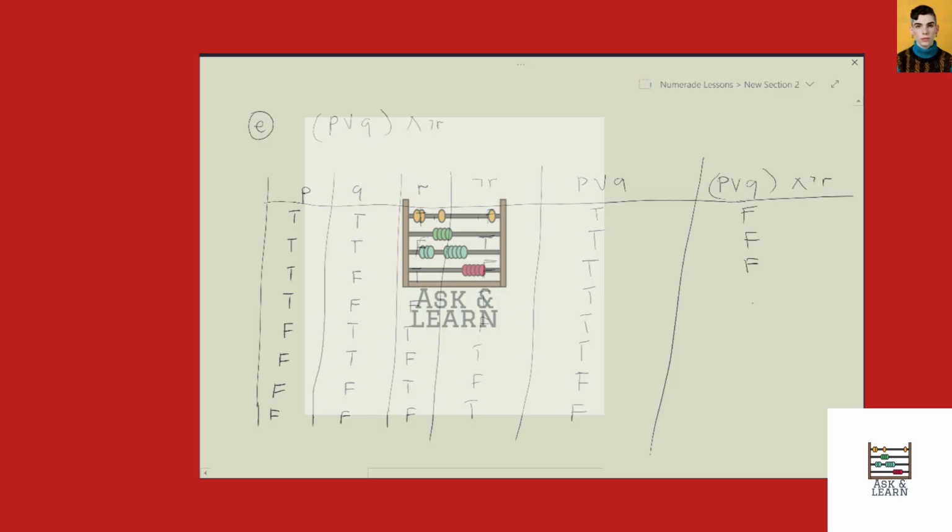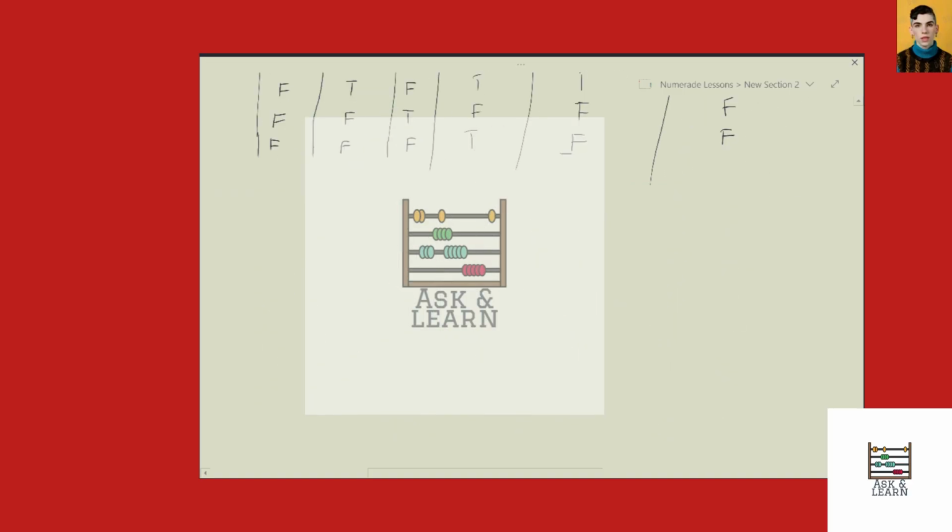We have true, true, so that will be true. True and false, so that will be false. True and true, that will be true. False, false, that will be false. Then false and true, so that will be false.